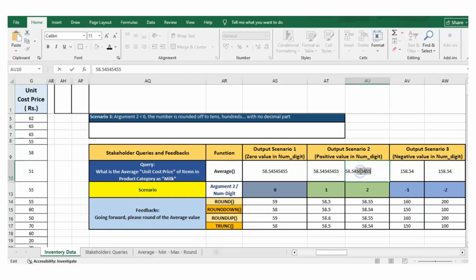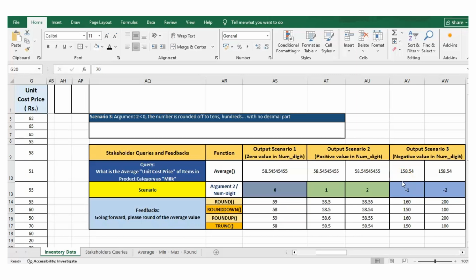The number highlighted here, 0.0054545, is greater than the number 0.005. Hence, the second digit of the decimal part is rounded up and we get a value of 58.55. I hope that there is no confusion around this. If there are still any doubts, you can post those doubts in the comment section.